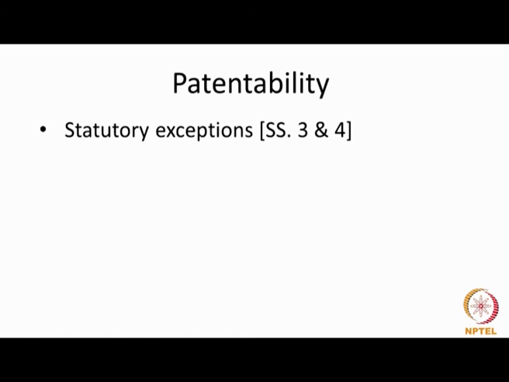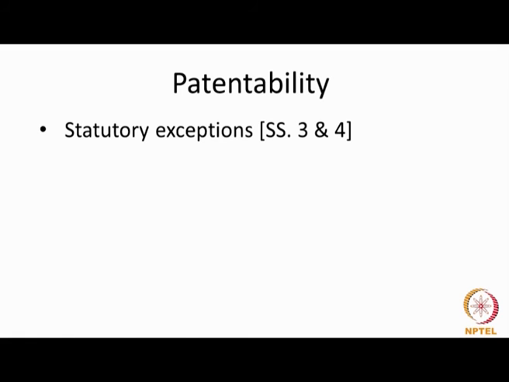They are normal inventions. For an invention to be patentable, it has to satisfy the requirements of an invention under the Act, what you saw under the earlier section, section 21J. Not only should it satisfy the requirements of an invention under section 21J, it should also get over the statutory exceptions.